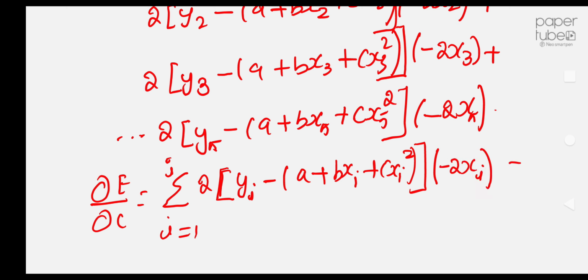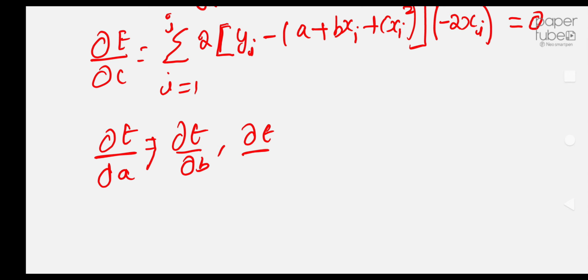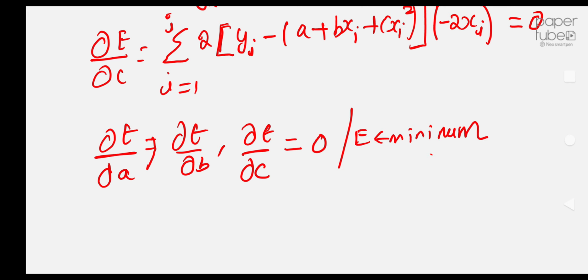So this should be equal to 0. So for the error to be minimum, ∂e/∂a, ∂e/∂b, and ∂e/∂c, the partial derivative of error with respect to c, should be equal to 0. Only then will the error be minimum.